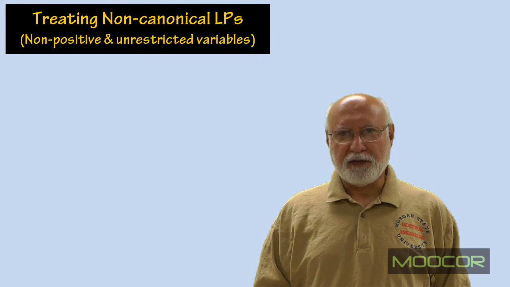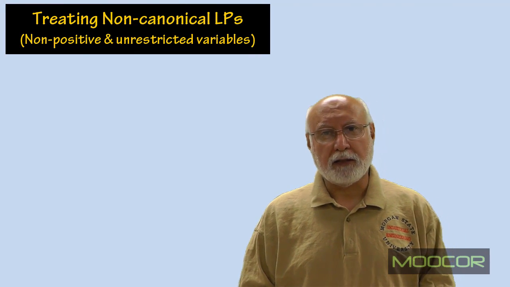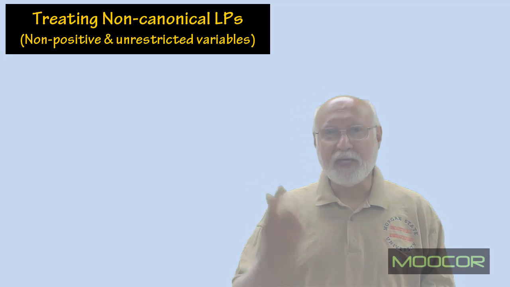So minimization problems are easily handled by one of the two methods that we just discussed. What about the variables? That can also be done by simple mathematical operations. Let's look.